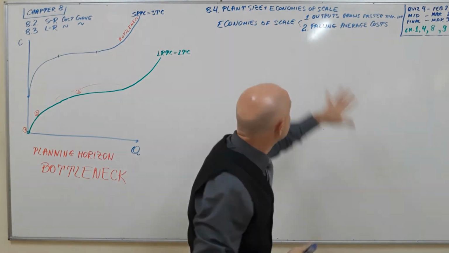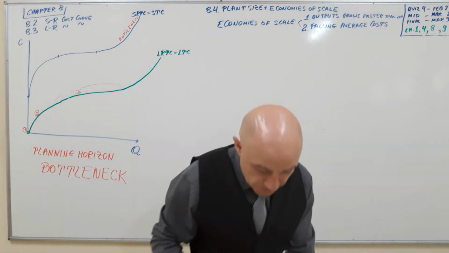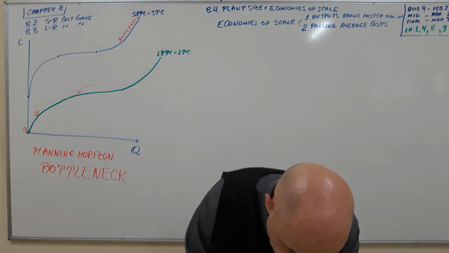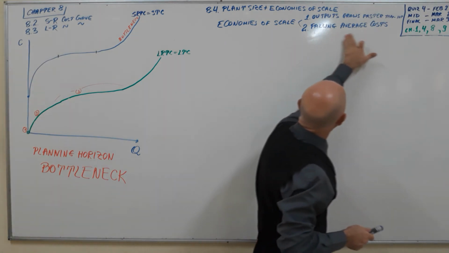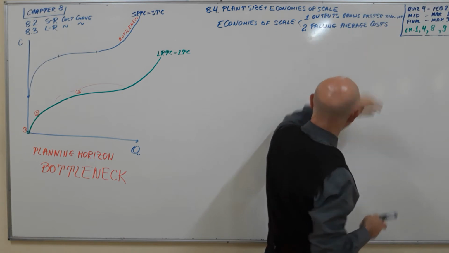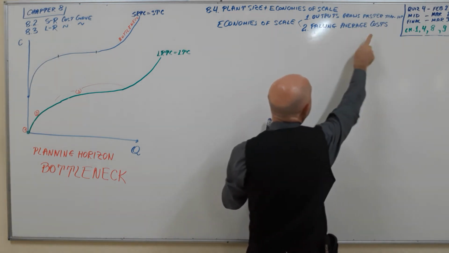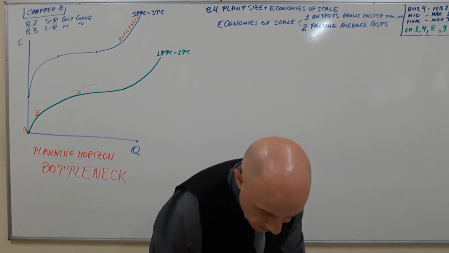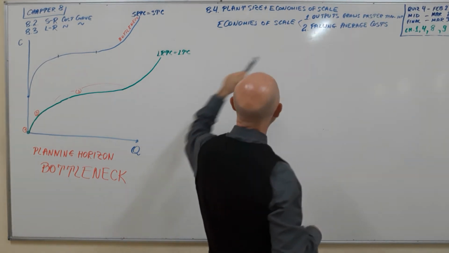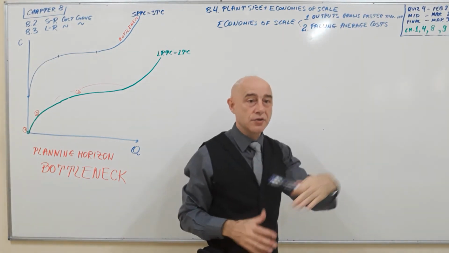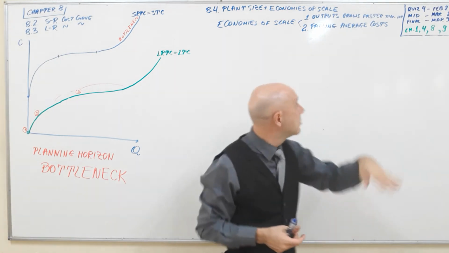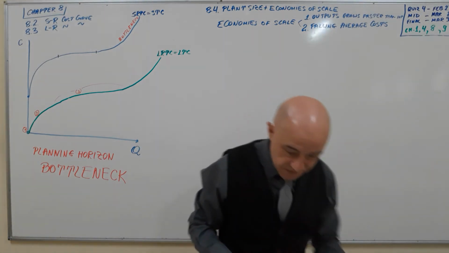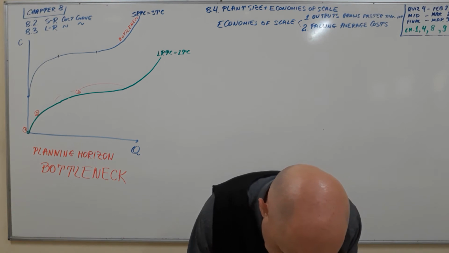So this is very simple and straightforward. So increasing returns, or economies of scale, will mean a falling average cost. Okay, and the average cost curve goes down. So as long as the long run average cost curve goes down, you have economies of scale. That's number one.